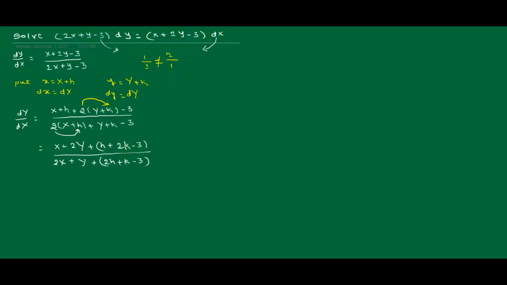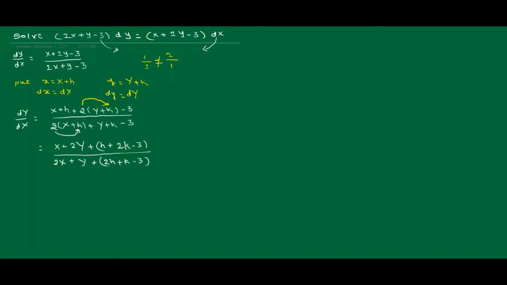Now here we have to choose the values for h and k, so that h plus 2k minus 3 is equal to 0 and 2h plus k minus 3 is equal to 0. So we have to find the values for h and k.